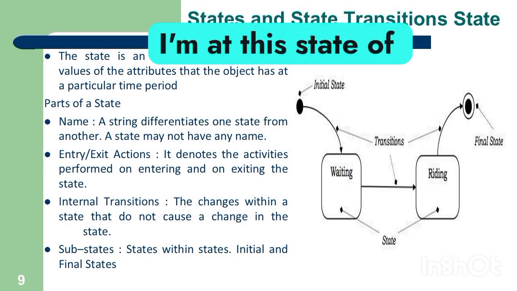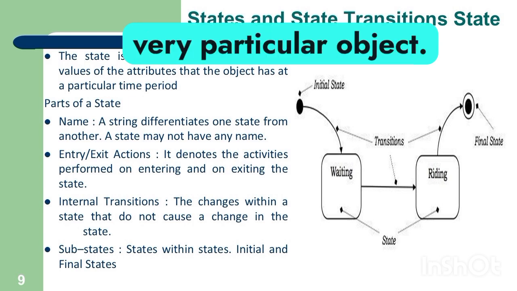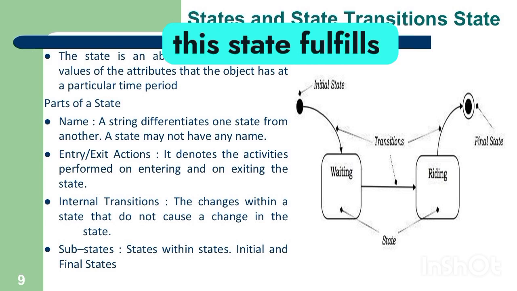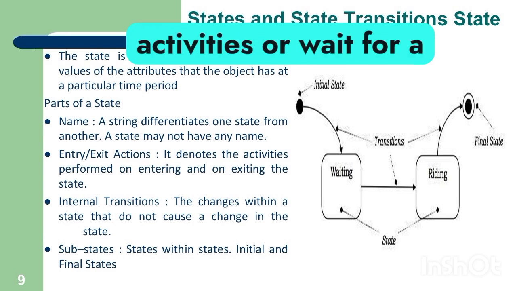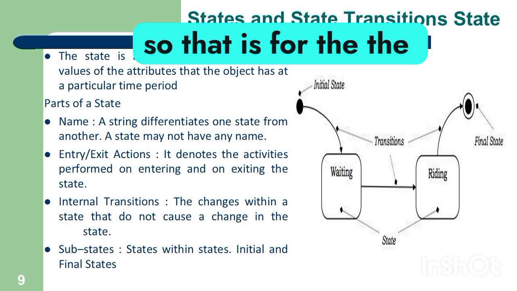I'm at this state of raising my hand. I'm at this state of opening my mouth to say something on this particular object. So this state fulfills certain conditions, performs certain activities, or waits for a certain event to occur. That is the state.